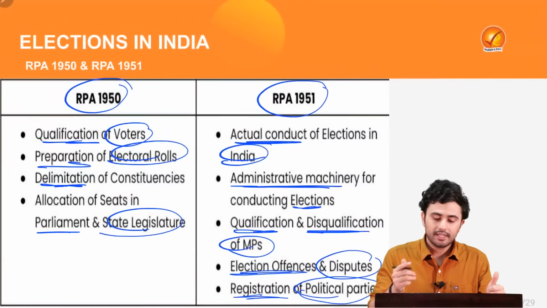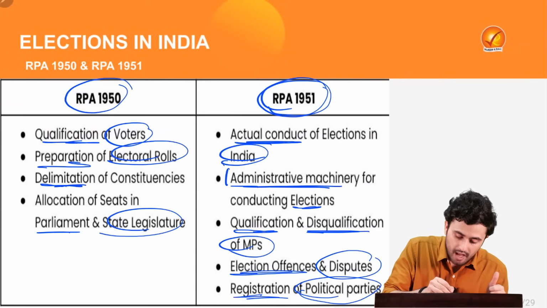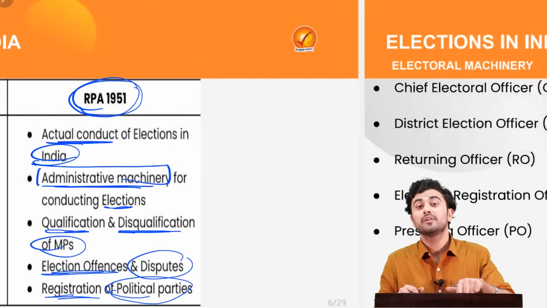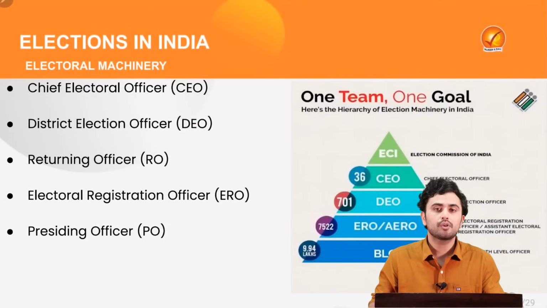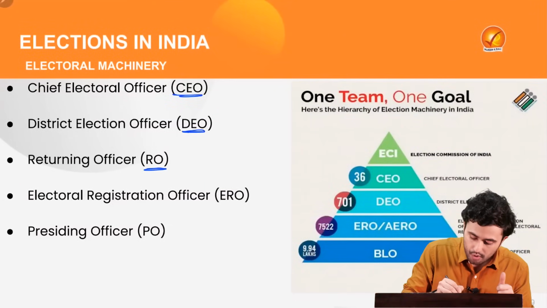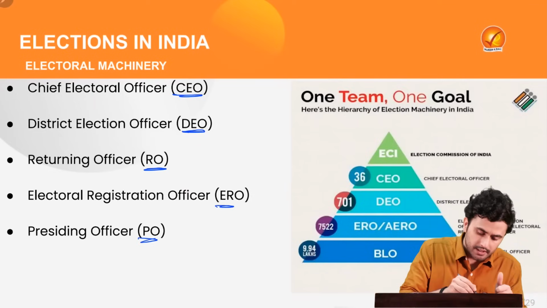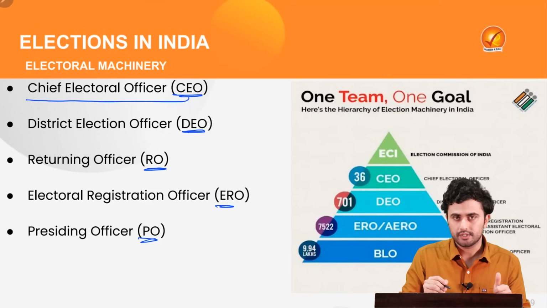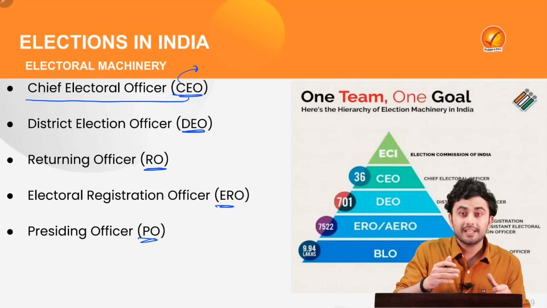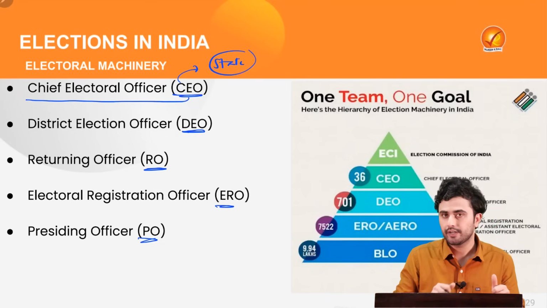Now, as we saw, the Representation of People Act 1951 establishes an administrative machinery for the conduct of elections, which comprises various officers at various levels, such as the Chief Electoral Officer, who conducts and supervises the election of the whole state.